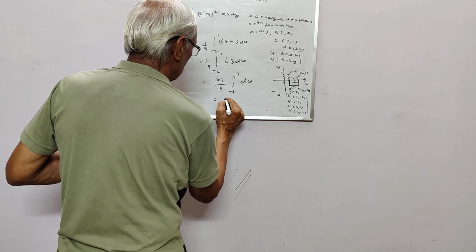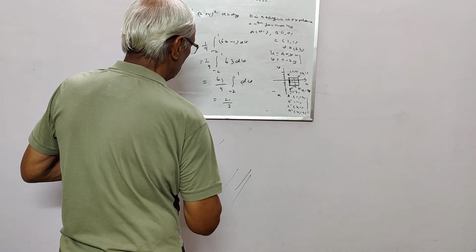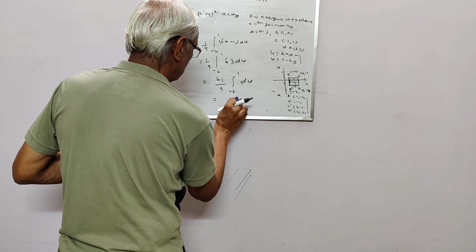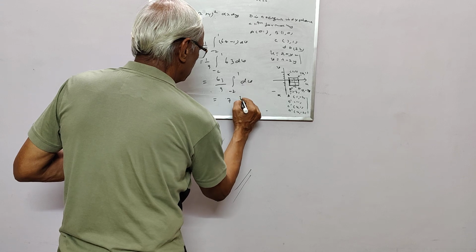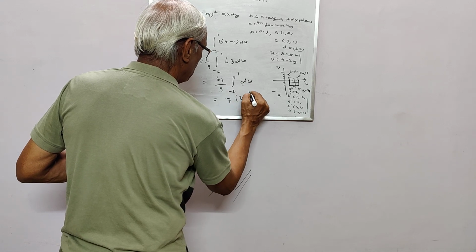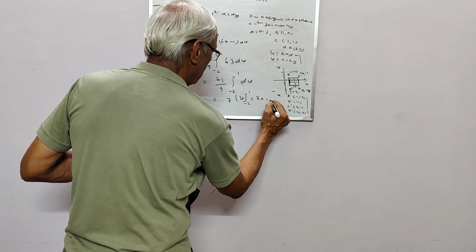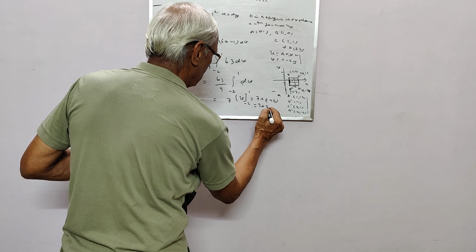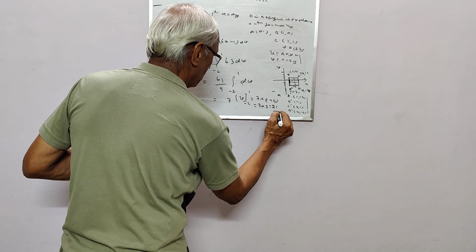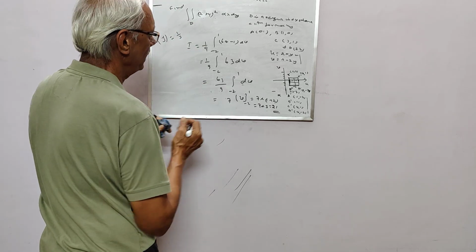That is equal to 21/3, or 7 times of v from minus 2 to 1. So 7 into, it is 1, minus of minus 2 is plus 2. So 7 into 3, that is equal to 21. So what is the integral of this? So what have you got here?